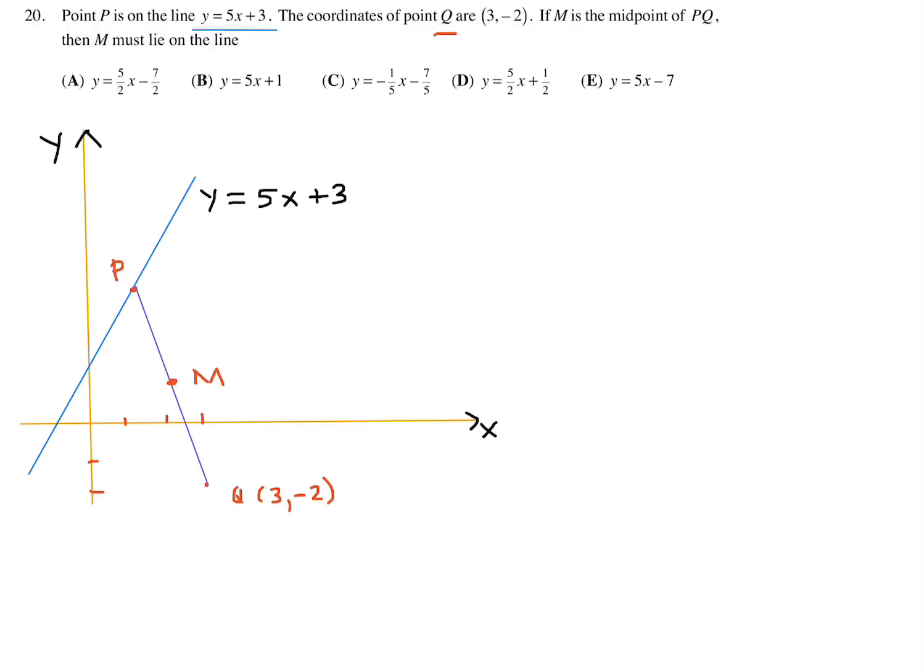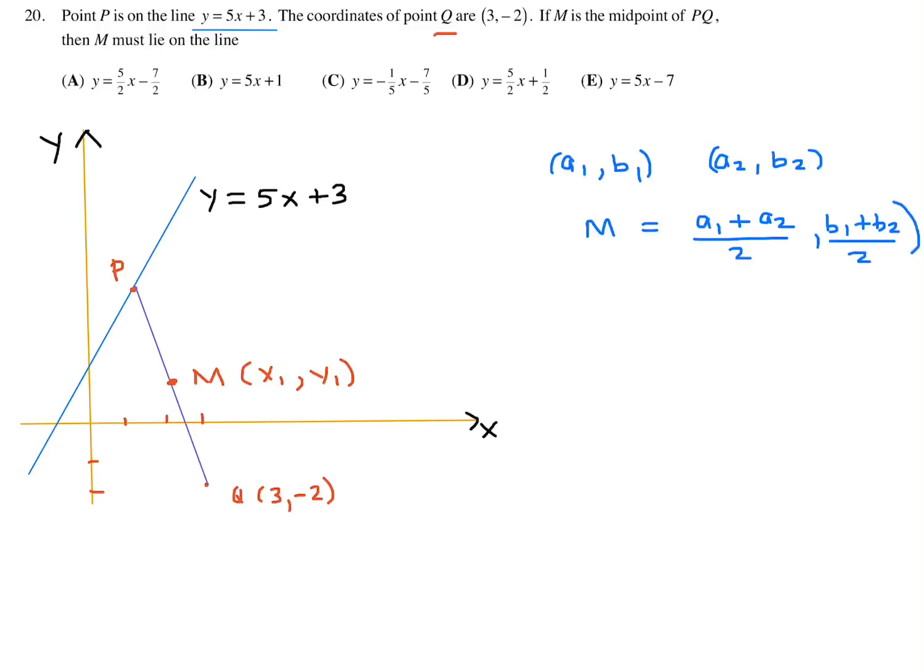All right, so since M is the midpoint, we can figure out the equation with the midpoint formula. So M, I'll just call it x1, y1. We don't know what it is. But if you remember how to figure out the midpoint, if you have 2 points, A1, B1, and A2, B2, like that, the midpoint is basically equal to A1 plus A2 over 2 and B1 plus B2 over 2, like that.